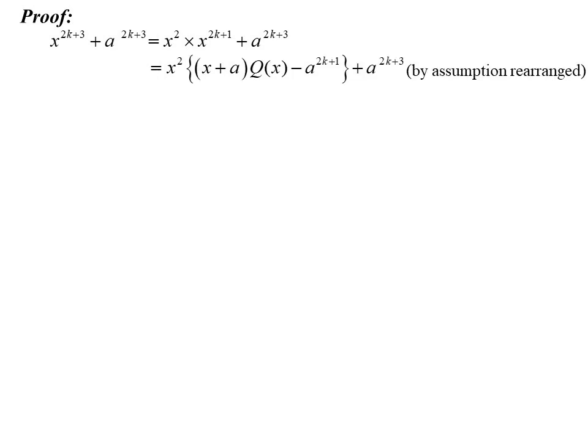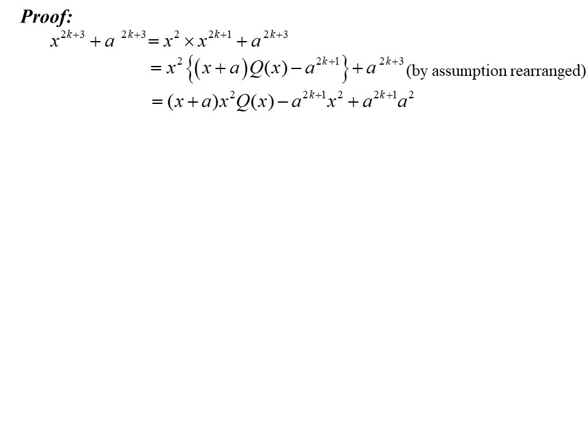So let's put it in there. This time I've just said by the assumption rearranged. Now when I expand that one out, I've got x plus a. Remember, we're trying to show x plus a as a factor. Well, it's certainly a factor of x plus a, x squared q(x). Can I get x plus a out of the other two terms? I've got minus a to the 2k plus 1 x squared plus a to the 2k plus 1 a squared.